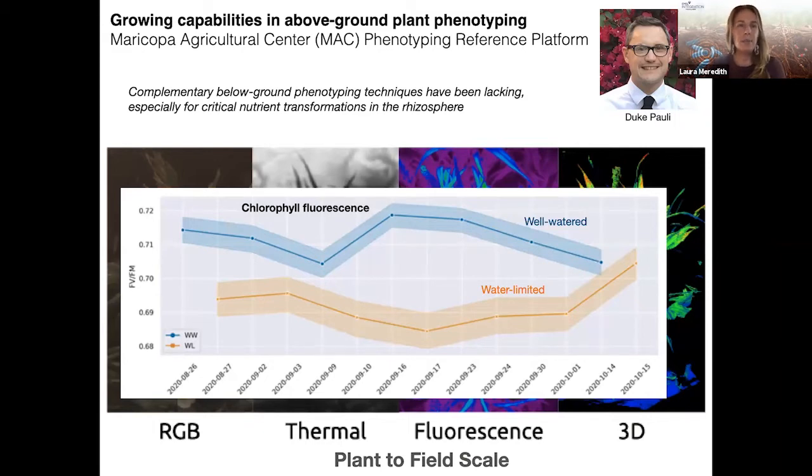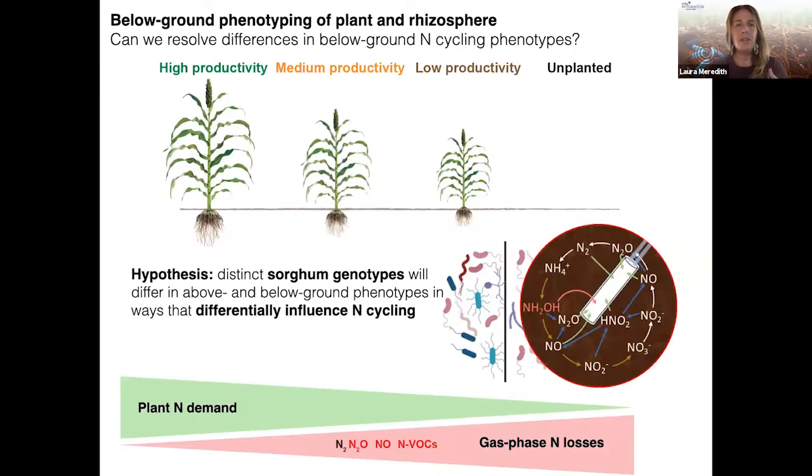But while there are these above ground phenotyping approaches, the below ground approaches to really look at characteristics below ground, including nitrogen transformations, have been lacking. And so we were hoping to bring this system to Maricopa and ask if we could resolve differences in the below ground nitrogen cycling of these different phenotypes of sorghum, comparing 3 different productivity levels to an unplanted plot.